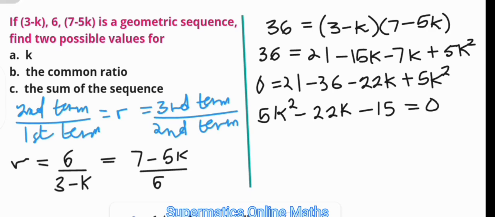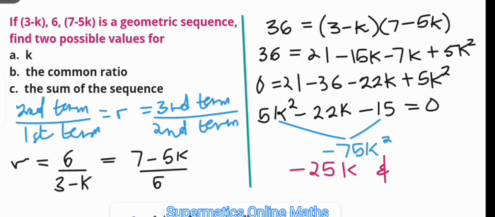Then we look at factoring the quadratic equation, where the product of the first and the third term is negative 75k squared, with the factors to consider being negative 25k and positive 3k.